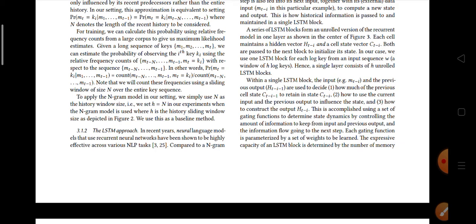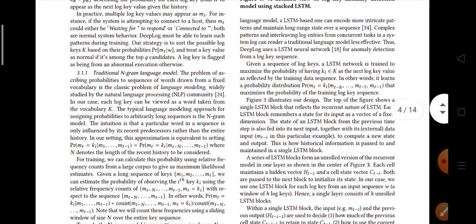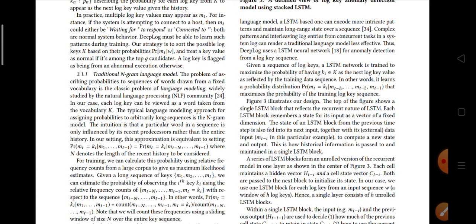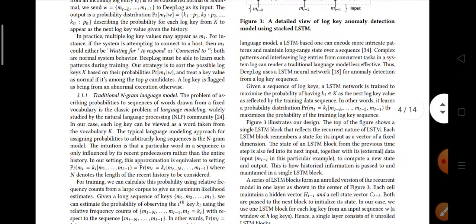Most of the time in these log files, the very important part is the very recent sequence. We need the very recent sequence, which might be the main factor for predicting the next key value. All of that will be done by the LSTM.